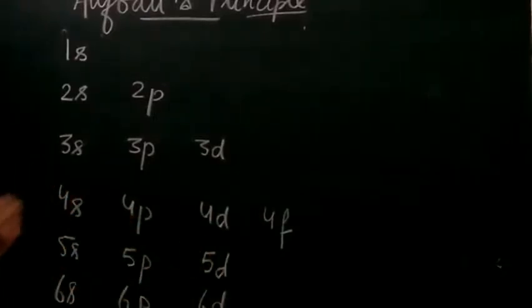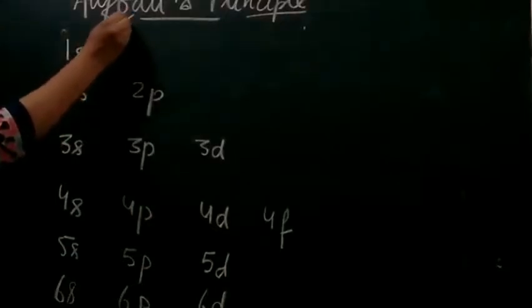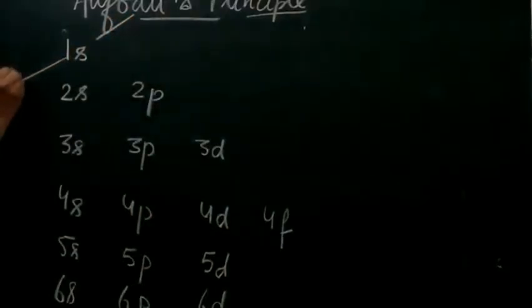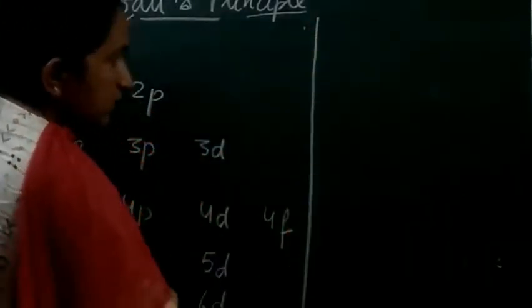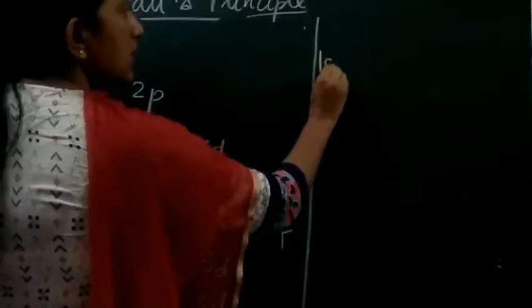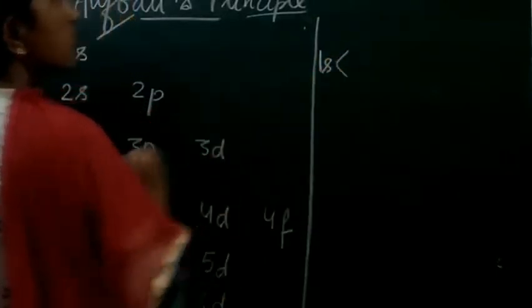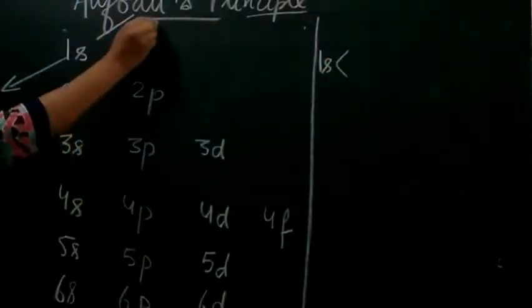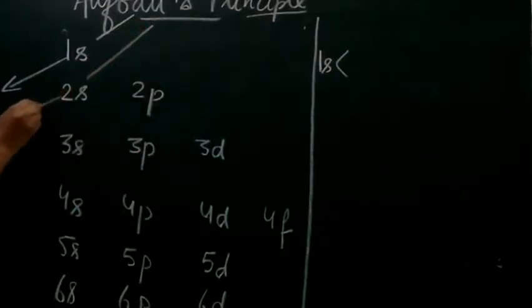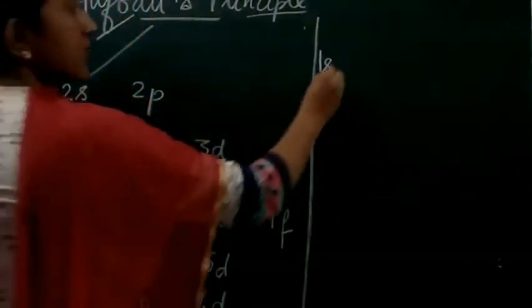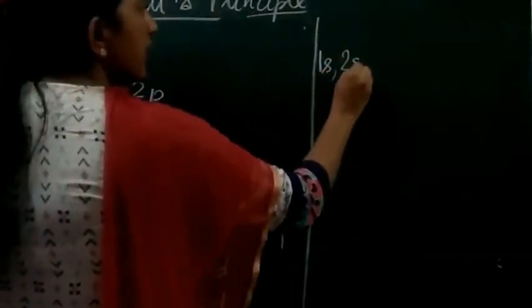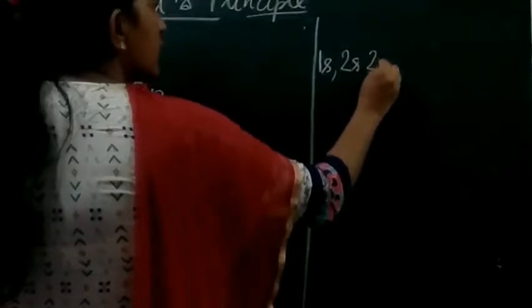So when the electrons are to be filled up, first the 1s will be filled, so I'm putting here 1s at first. Then comes the turn of the 2s. You can simply write in this way 1s, then 2s, 2p.